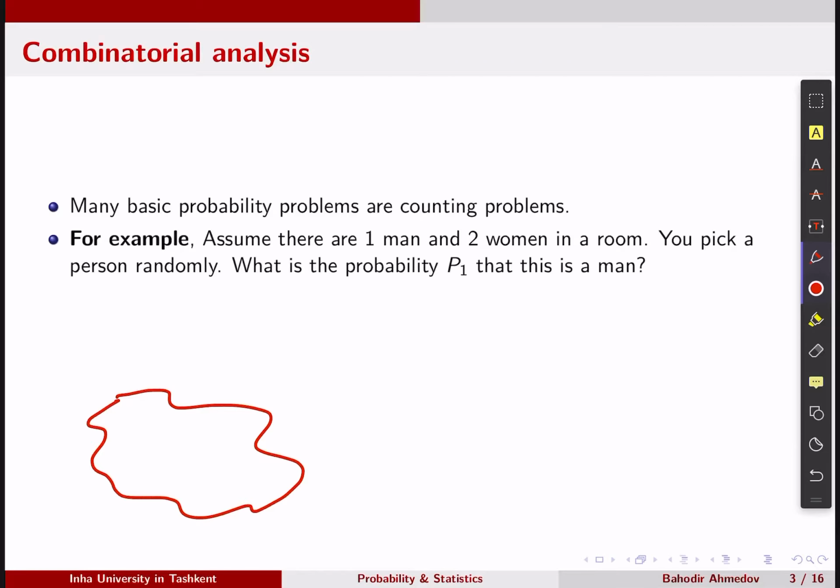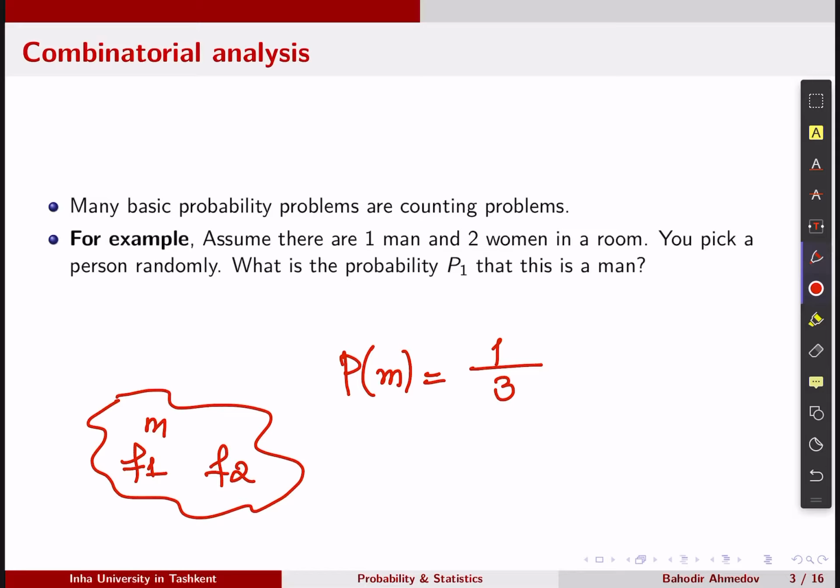If you choose one person, you can choose the male, female 1, or female 2, right? So to calculate the probability of choosing a male, you just need to divide 1, because there is only one male, by the 3 different cases. So it's possible to choose 3 different cases.